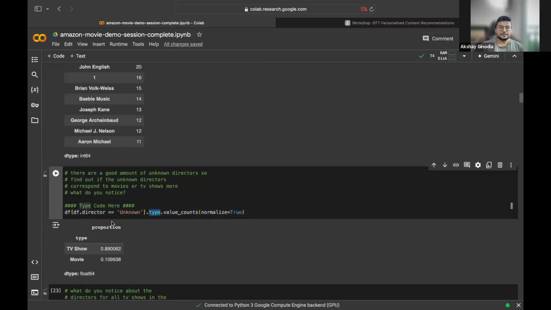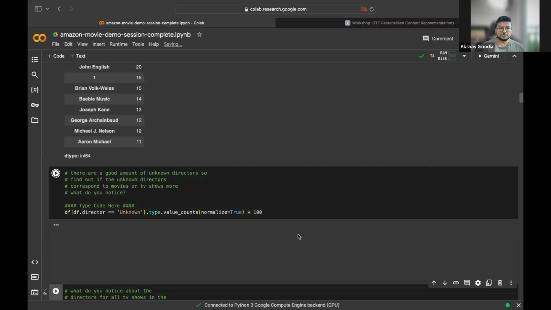So whenever the director is unknown, I'm looking at the distribution between TV show and movie. This is a fraction instead of an absolute number, because I'm giving normalize equals true. Normalize makes it like a percentage distribution. If I multiply by 100, I'm going to get the absolute percentages.